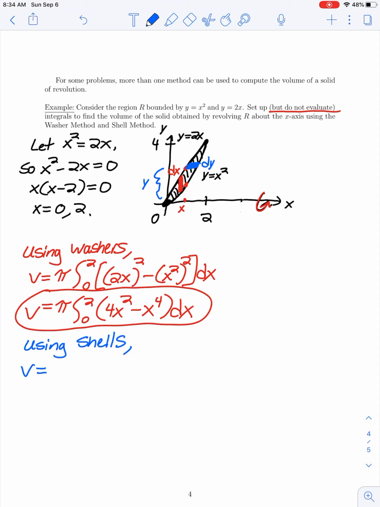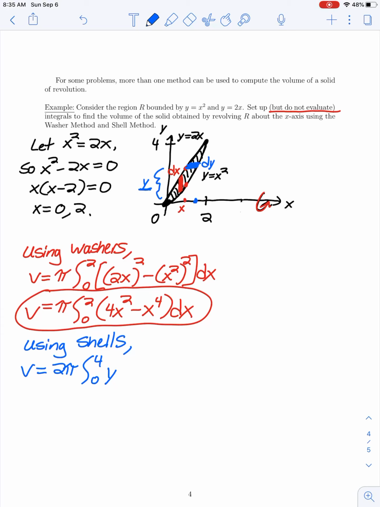So the volume of our solid using the shell method would be given by 2 pi times the integral along the y-axis from 0 to 4 of the radius of my cylinder, which would be the distance from the x-axis up to my strip, which is what we were calling y, times the height of my cylinder, which is going to be the length along this little blue rectangle.